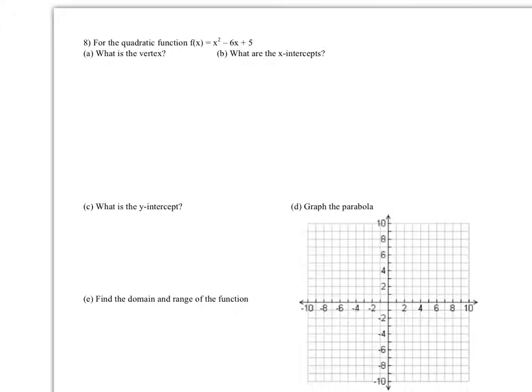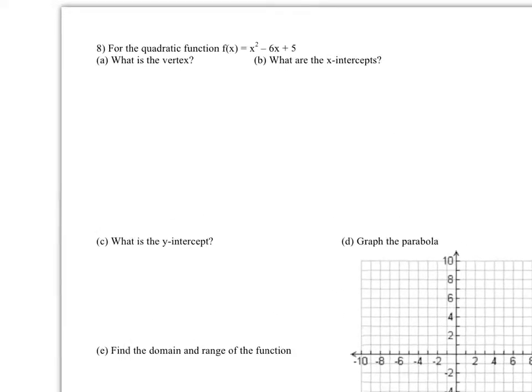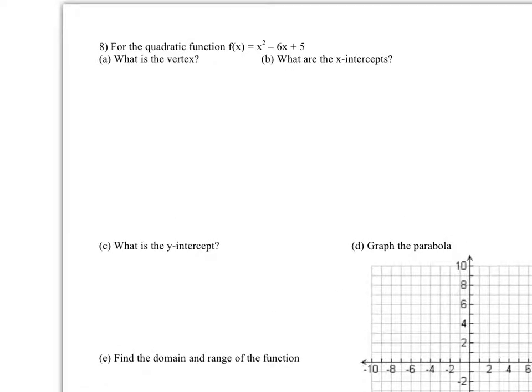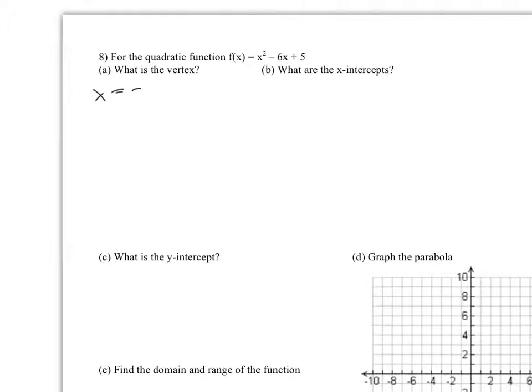Okay, and then the last parabola we'll look at, we have another one where to find the vertex, we're going to have to do a little bit of work. The x-coordinate of the vertex is at negative b over 2a, which here, if you have negative 6, would be positive 6 over 2 times 1 in this case.